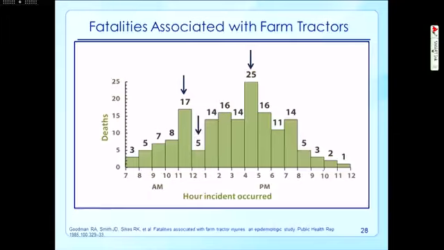In addition, you can see that one of the lowest events is between these two peaks, between the hours of 12 to 1 p.m. So looking at these data, you might infer that increased number of deaths occur when farmers are more tired, perhaps right before lunch or right at the end of the day.